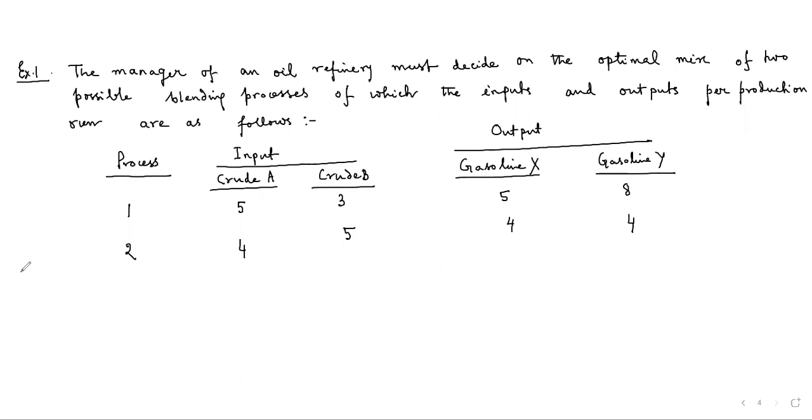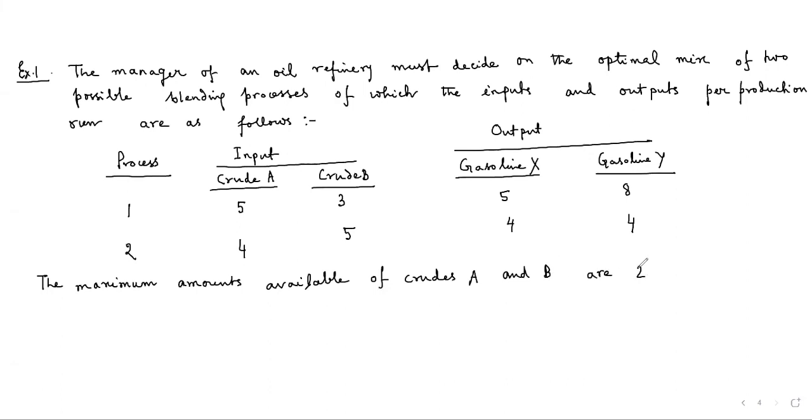Now, the maximum amounts available of crudes A and B are 200 units and 150 units respectively.